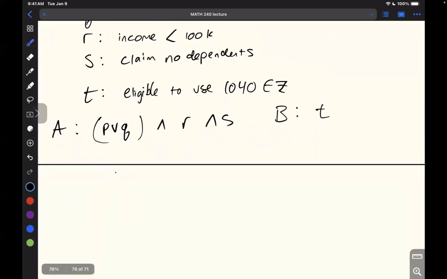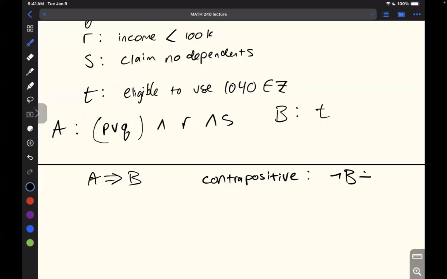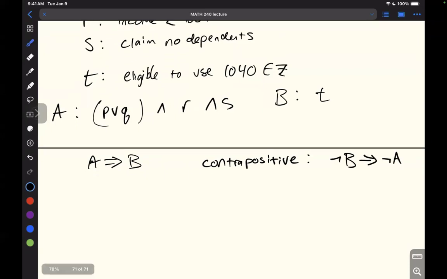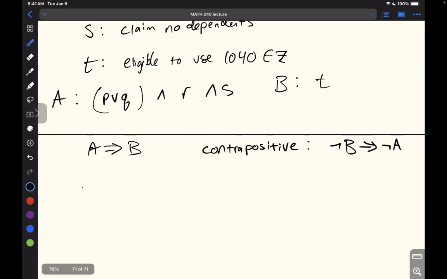And so the contrapositive is, if we have A implies B, then the contrapositive is not B implies not A. And so then we get not T implies, I'll do not P or Q and R and S.